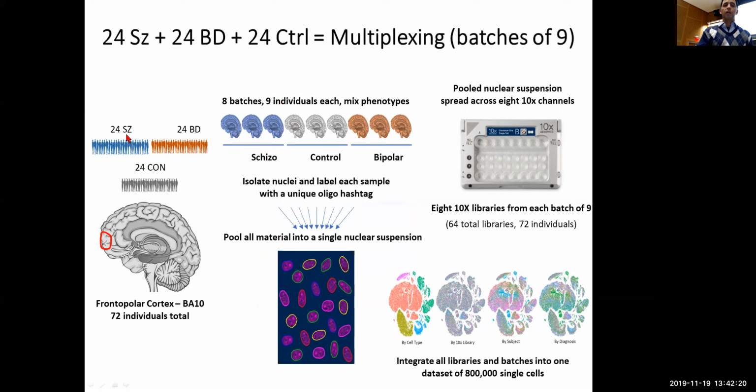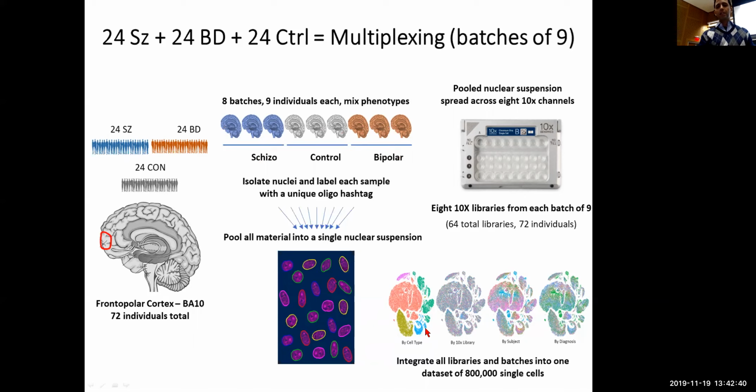If I'm profiling schizophrenia samples, bipolar samples, and control samples, instead of doing 9 schizophrenia, 9 bipolar, 9 control, I could do 3 of each in each one of these multiplex experiments, enabling me to eliminate, or at least dramatically reduce, those batch effects.